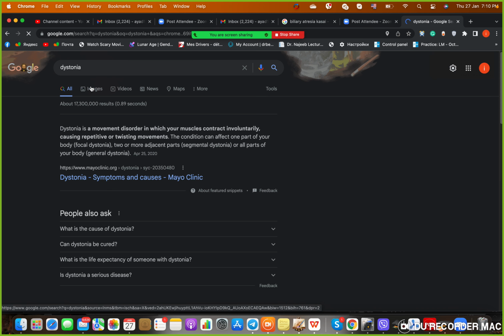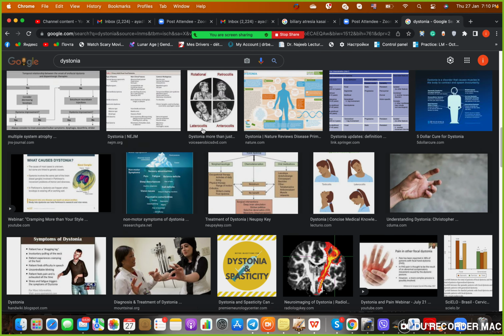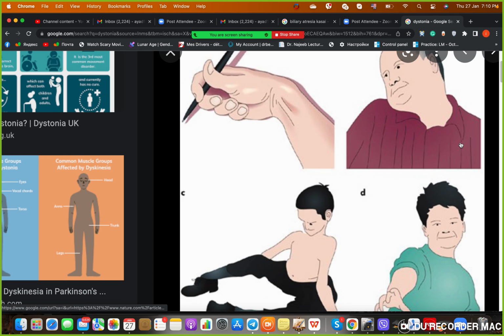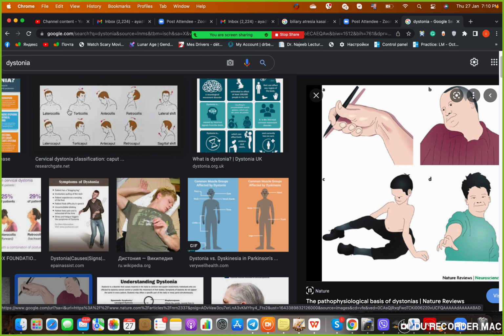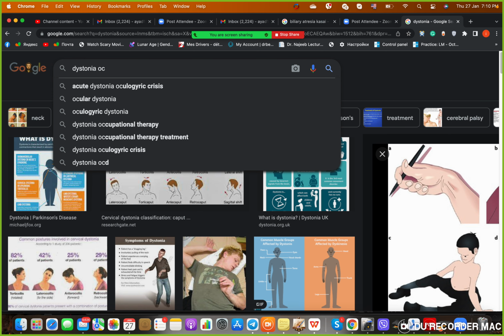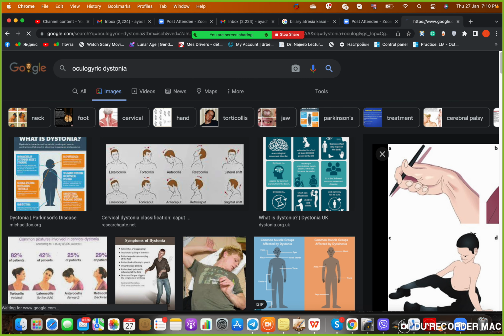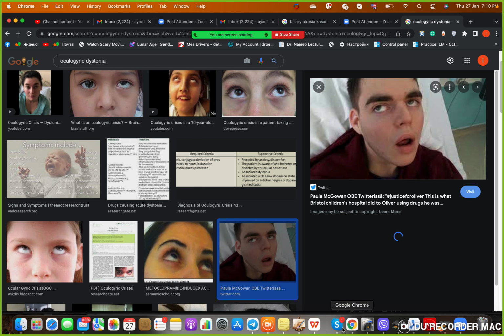One of them, if you know wrestling, there is this Undertaker. He has this eye movement, oculogyric crisis, or being stuck in one movement. For example, torticollis, yeah? Or oculogyric crisis, something like this.